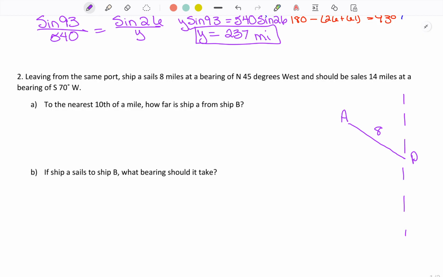Now, ship B sails 14 miles at a bearing of south 70 degrees west. So ship B is going out here. And so we have a bearing of 45 degrees for ship A, and then ship B is 70 degrees.